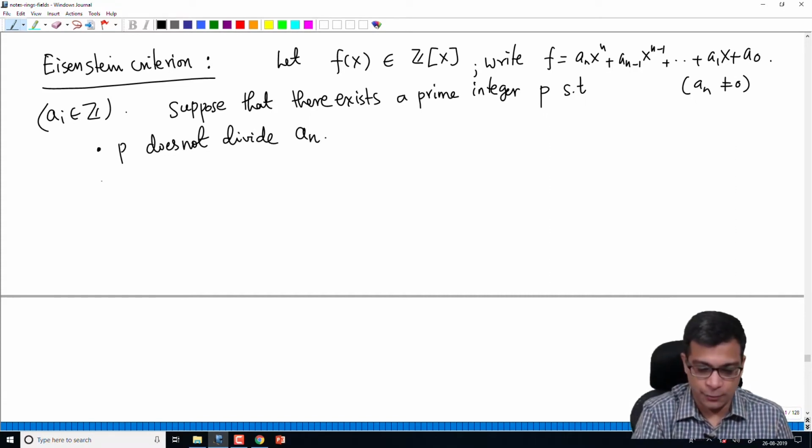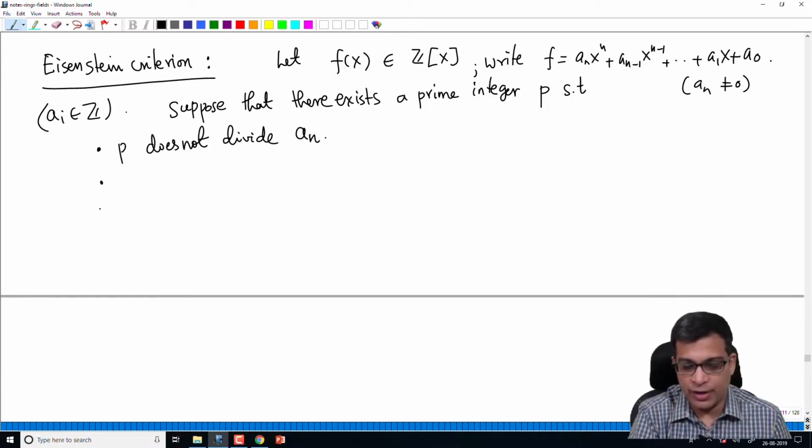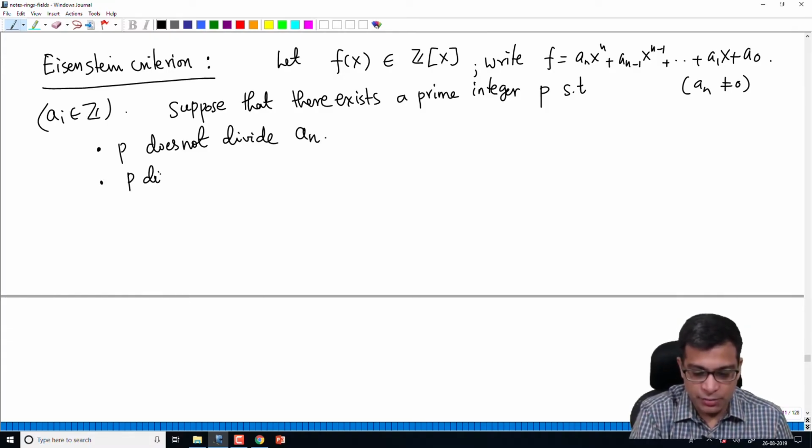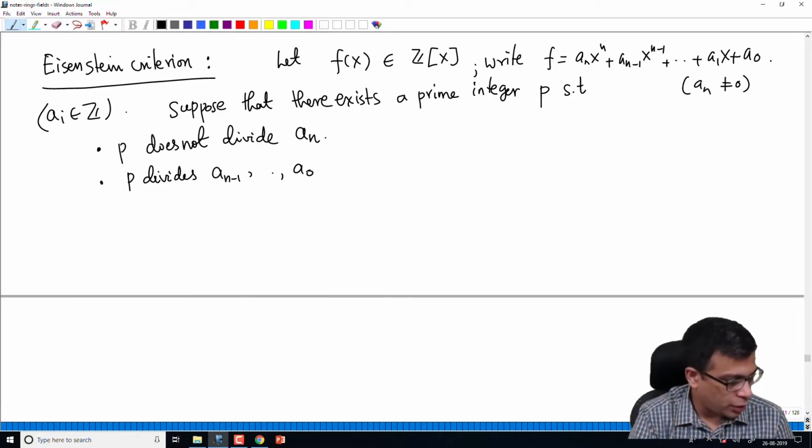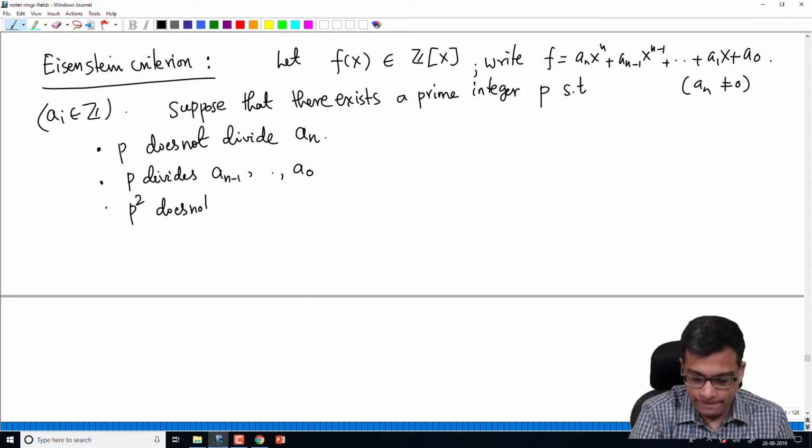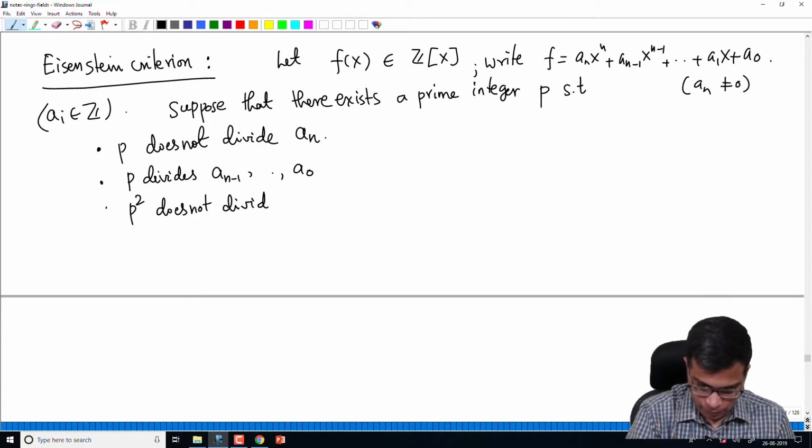So a_n is not 0. Suppose p does not divide a_n, p divides a_{n-1} up to a_0, and also p squared does not divide a_0.